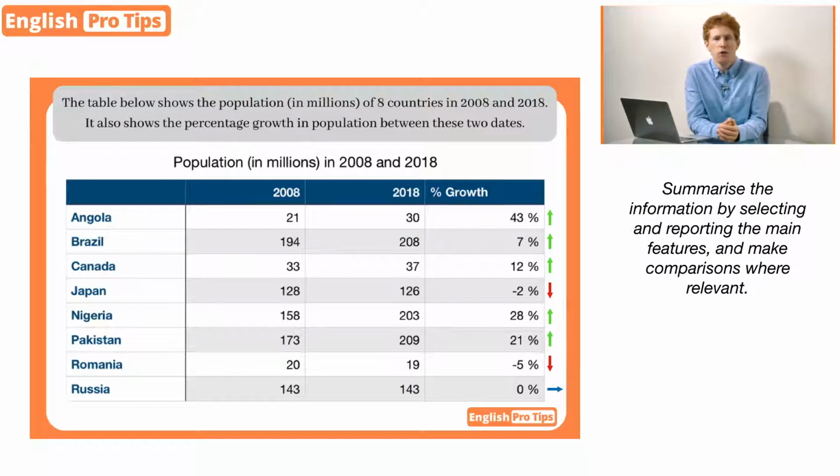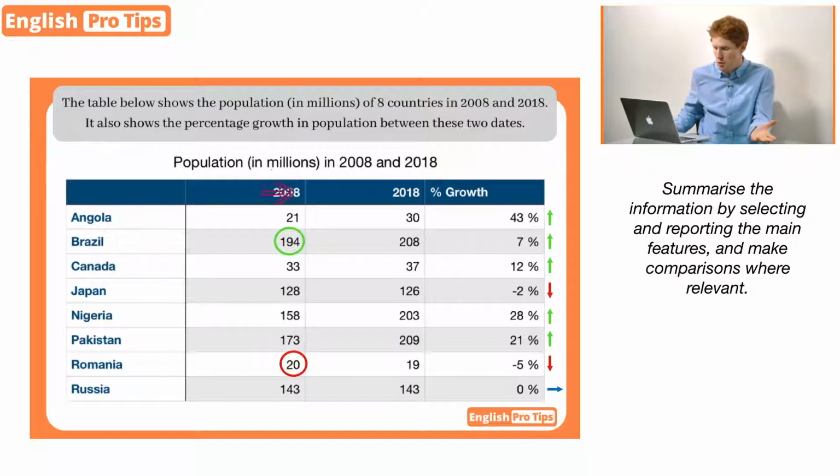The next thing we would do when we're analyzing the graphic is to look for extremes, to look for superlatives. So if we look at 2008, we can see that the largest population was in Brazil, and the lowest population was in Romania.